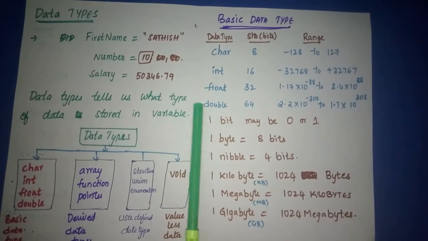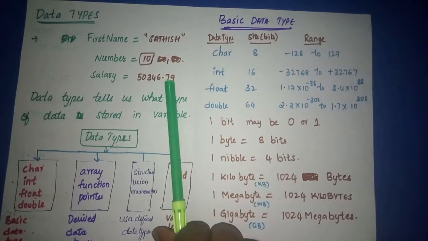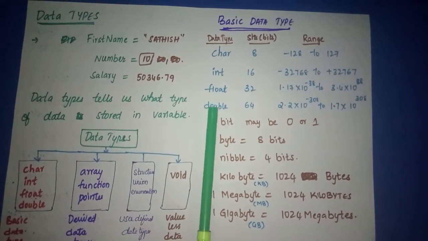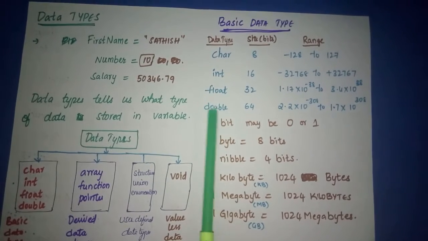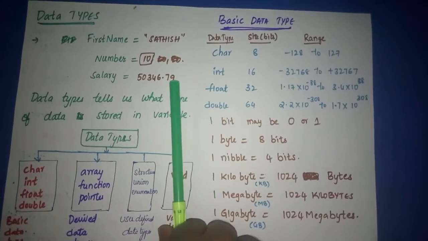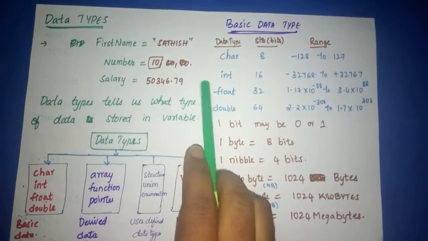And whenever there are many digits after the dot, then you go for double. So float and double are the same; they are used for decimal numbers only. But when you have so many digits after the point, then you use double.